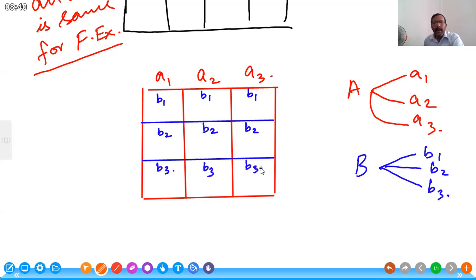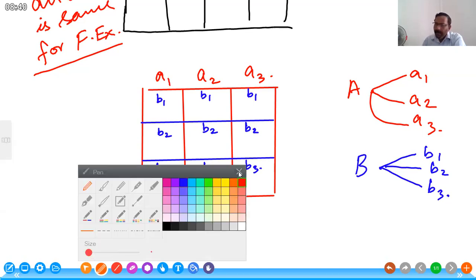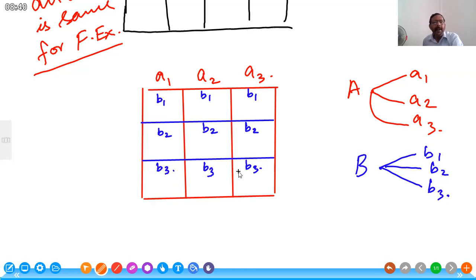Right. Now tell me, how big is the A1 plot? Plot of the A1 is this. The whole area is A1.